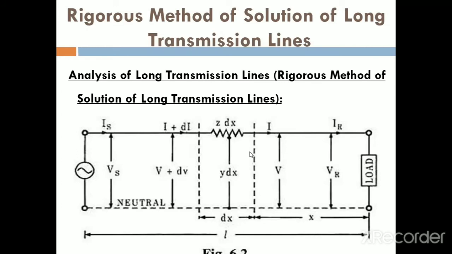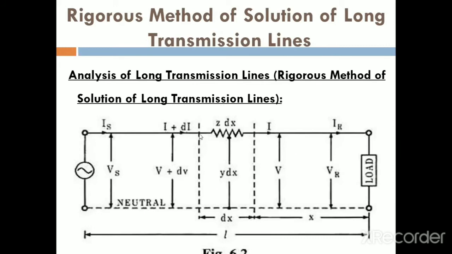That is the analysis of a long transmission line, or the rigorous method of solution of a long transmission line. That is the main reason why we take the rigorous method in the case of long transmission lines.